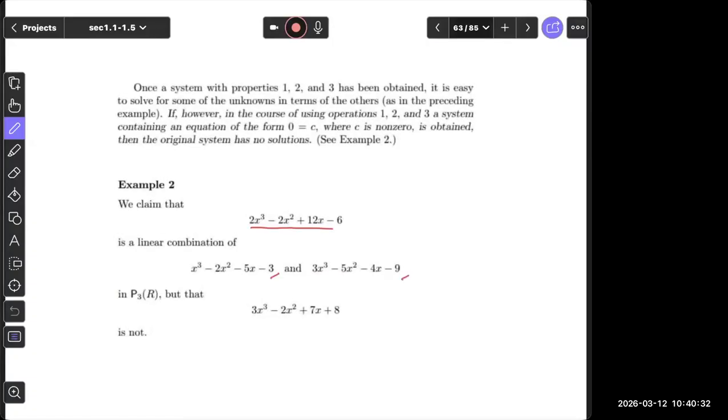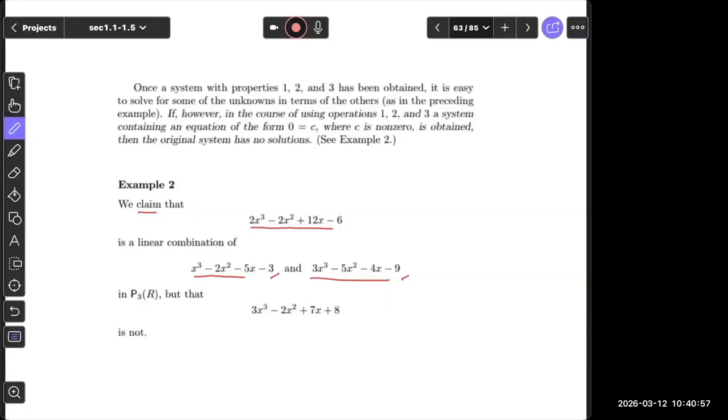Why is it so? How can I prove that? I claim that the first polynomial, 2x cubed minus 2x squared plus 12x minus 6, is a linear combination of these two polynomials. How can I prove this?